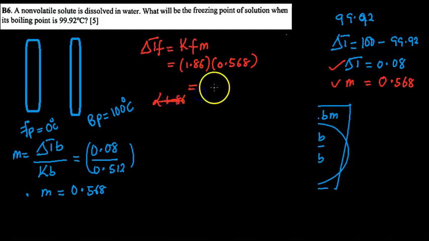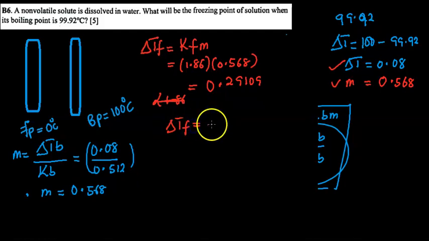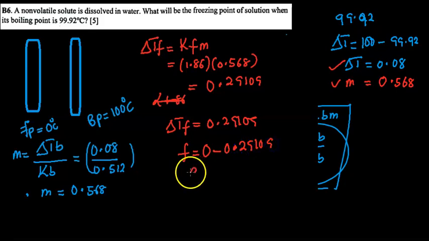So this is the change in freezing point, 0.29109. But remember, we said the freezing point starts from 0 degrees. Therefore, the freezing point is going to be 0 minus 0.29109, which is negative 0.29109. And this is our final answer for this problem.